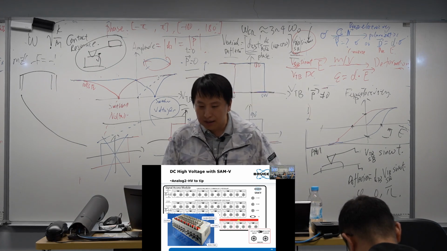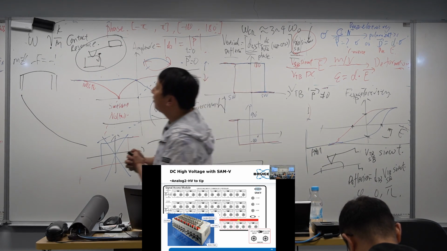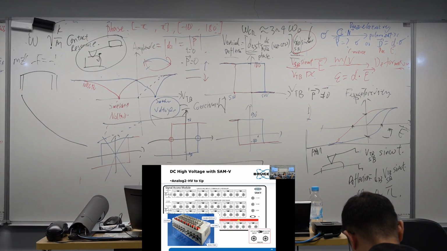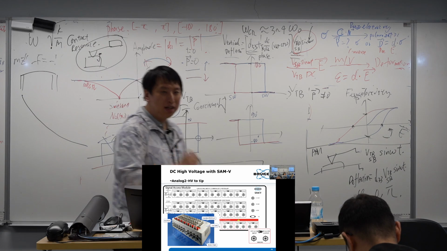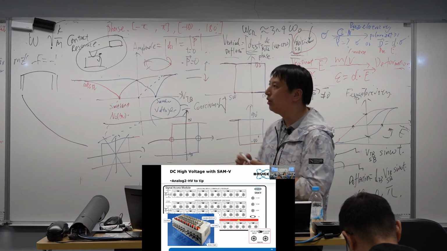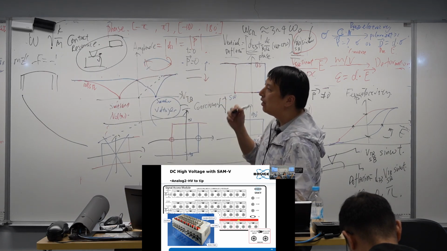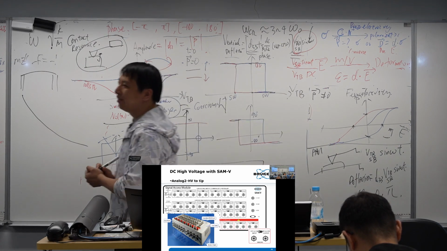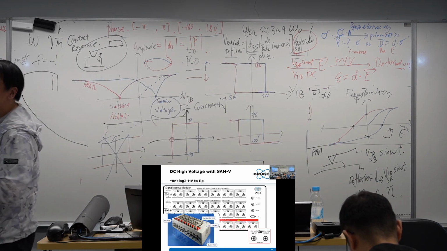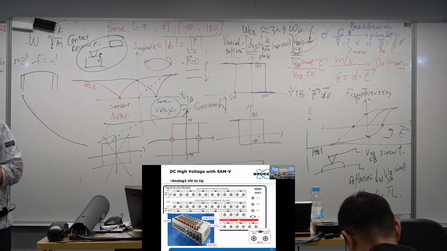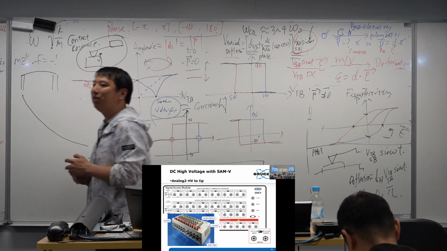Okay, that's all about the PFM. It's a long story. In the hands-on session, we will take a PZT to show you how to get PFM results and hysteresis loops. Hope we can get it today. And I know some of you brought your own samples. We can also give it a try.